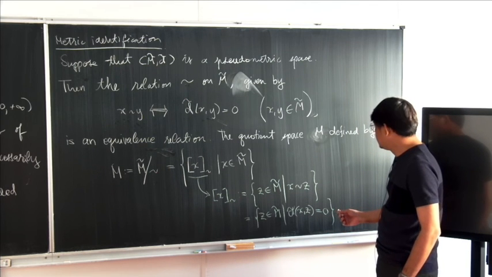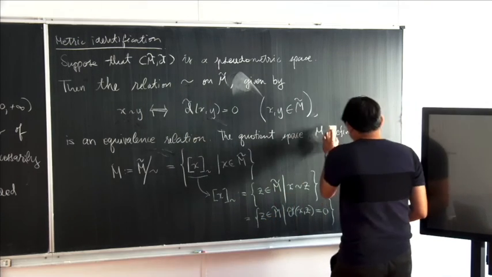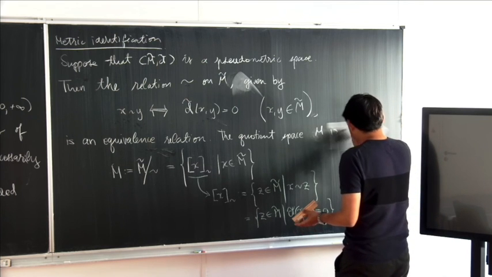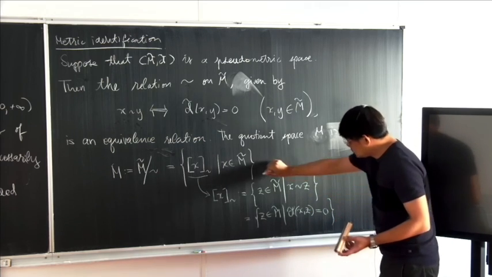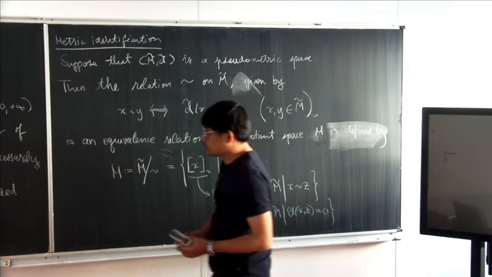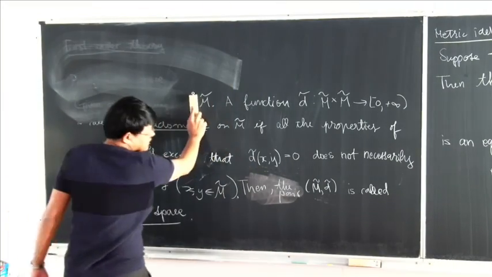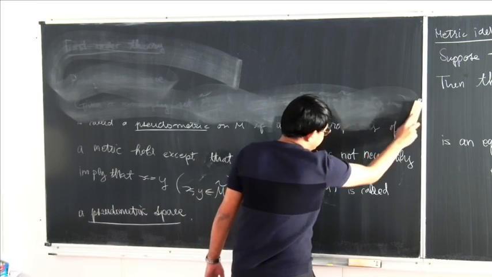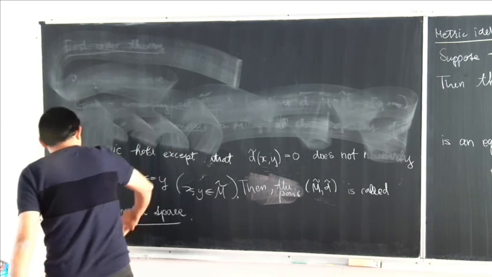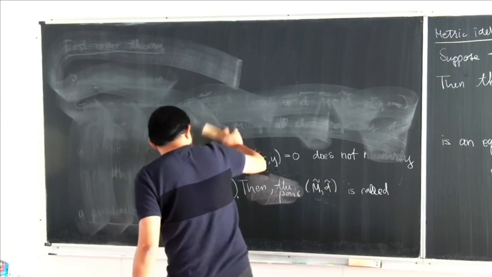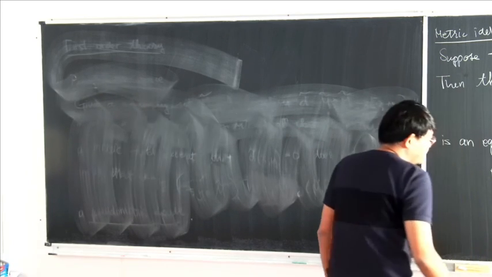Let me continue on that board. So M there is just the set containing all the equivalence classes created from the equivalence relation tilt. We use a lot of tilt here. We will use a lot more, don't worry.